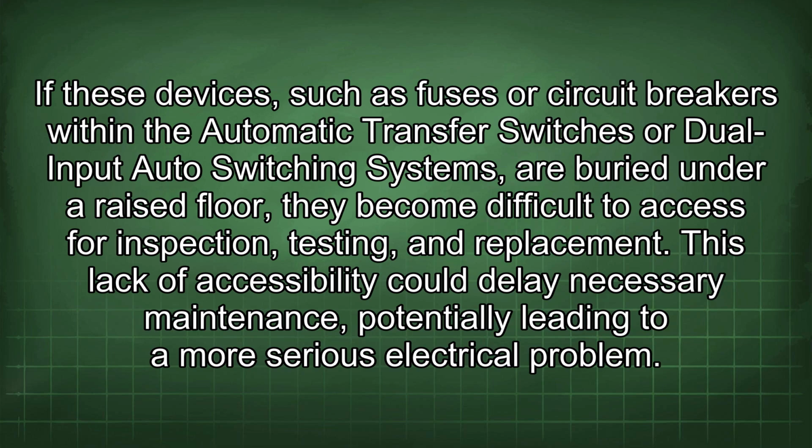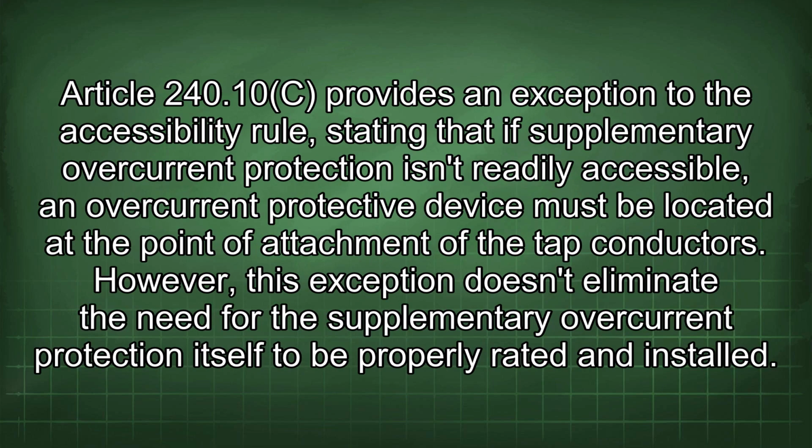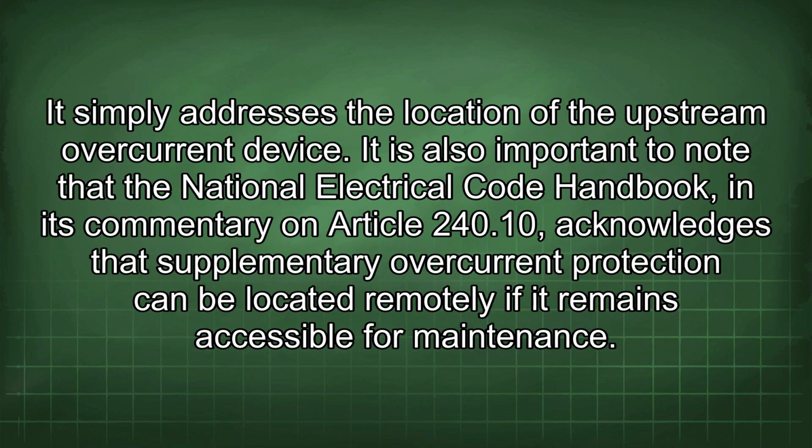This lack of accessibility could delay necessary maintenance, potentially leading to a more serious electrical problem. Article 240.10(c) provides an exception to the accessibility rule, stating that if supplementary overcurrent protection isn't readily accessible, an overcurrent protective device must be located at the point of attachment of the tap conductors. However, this exception doesn't eliminate the need for the supplementary overcurrent protection itself to be properly rated and installed. It simply addresses the location of the upstream overcurrent device.